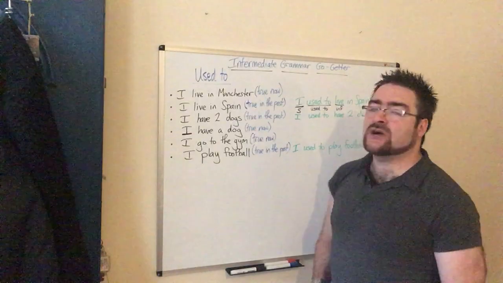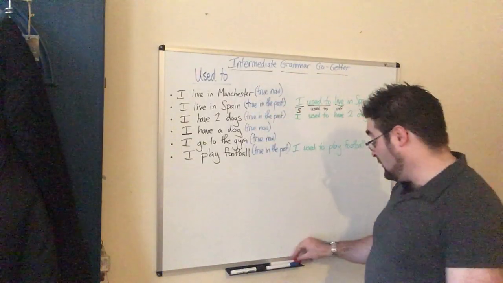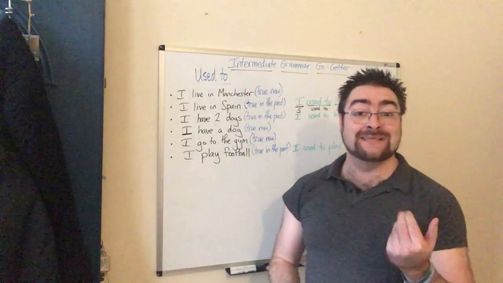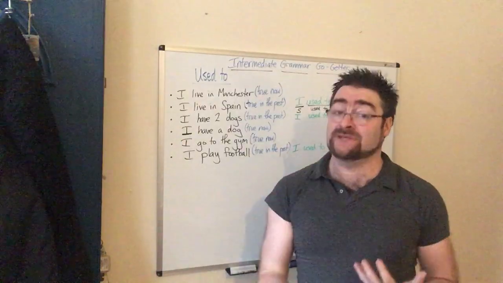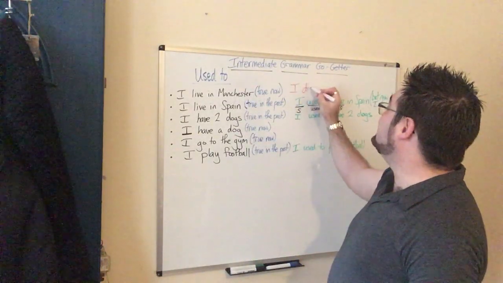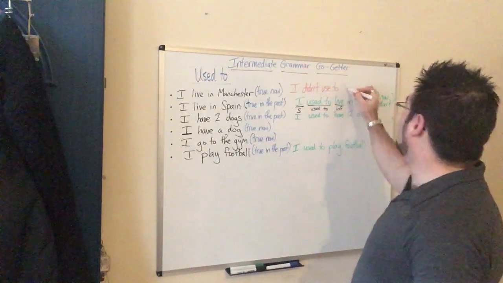Alright, but what about if things are true now, but were not true in the past? Well, we can start off with, I live in Manchester now, but I didn't in the past. So we need to use the opposite. And the opposite is, I didn't used to live in Manchester.